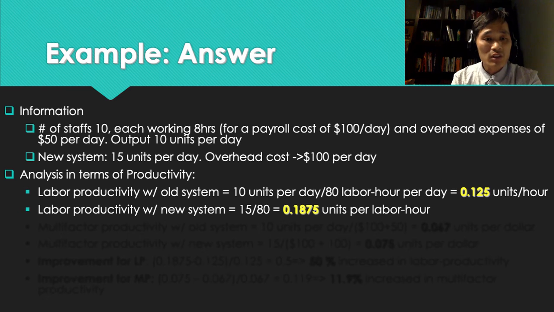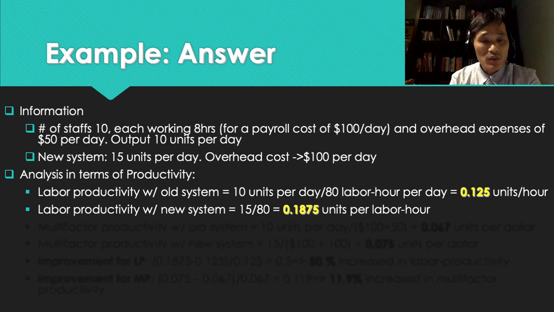So it has nothing to do with labor units. We used the same number of people, I'm sorry, 10 people were working 8 hours per day. So 80 labor hours per day.